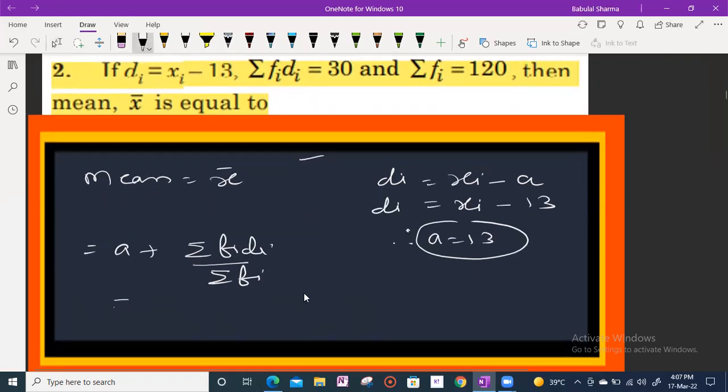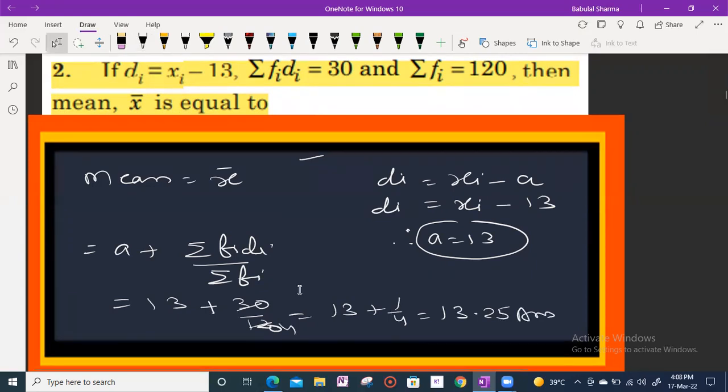So the mean is equal to 13 plus 30 upon 120, that is 13 plus 1 by 4. So that is 13.25, which is the correct answer.